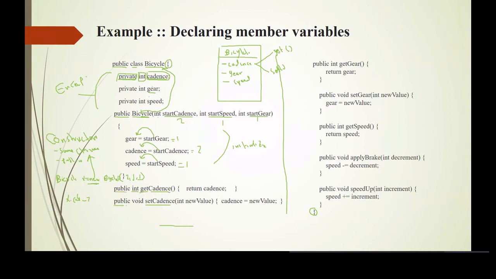The get and set are always public. The get will have the same type as the variable. So cadence is an integer, so the get function should be an integer, and it will return the value of the variable. So it's return cadence, which returns an integer value, right?